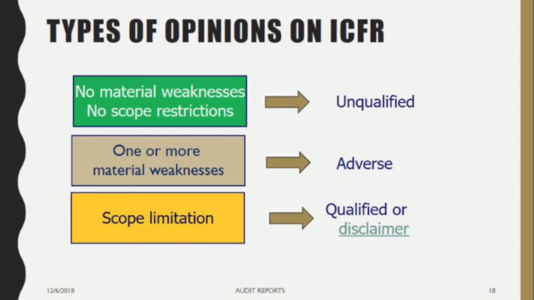If the auditor identifies a material weakness, which again is not the same as material misstatement, right? Material weakness means that the controls are not effective to prevent or detect on a timely basis a material misstatement. So you can have a report with a material weakness and still have a clean financial report.